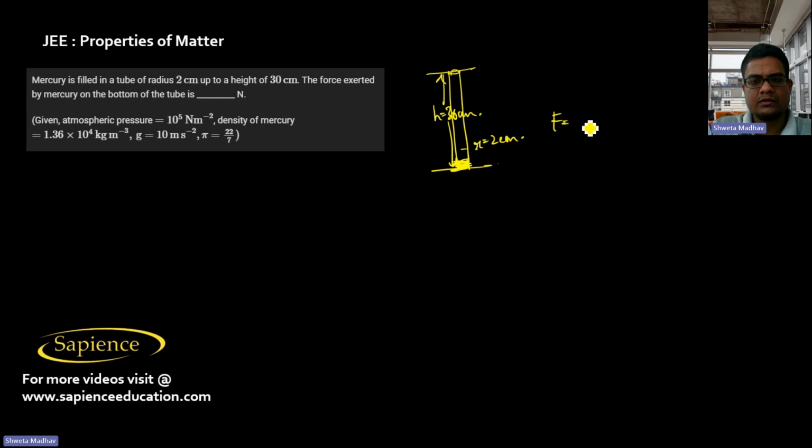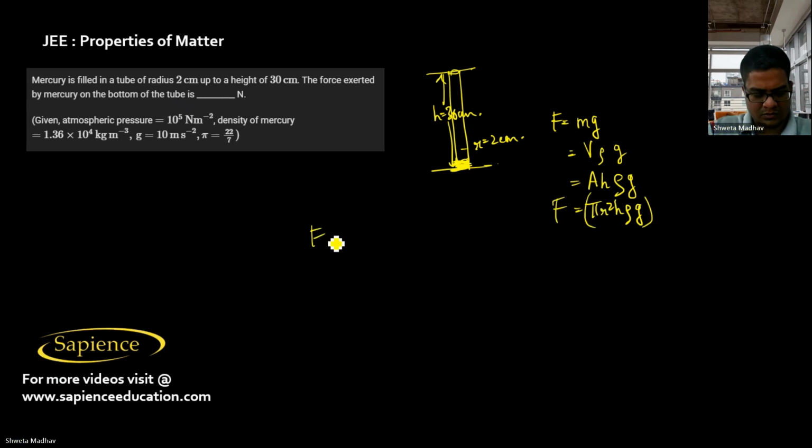Force will be equal to obviously mg. Mass is volume into density, into g. The volume is equal to A into H, into rho into g. So A is pi r square, so pi r square into H into rho into g. This will be the force.